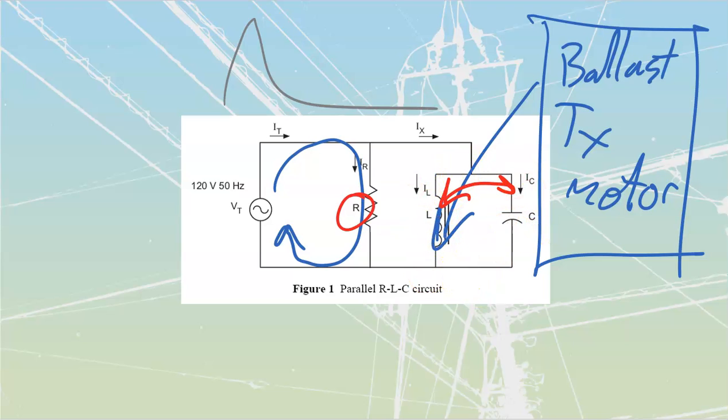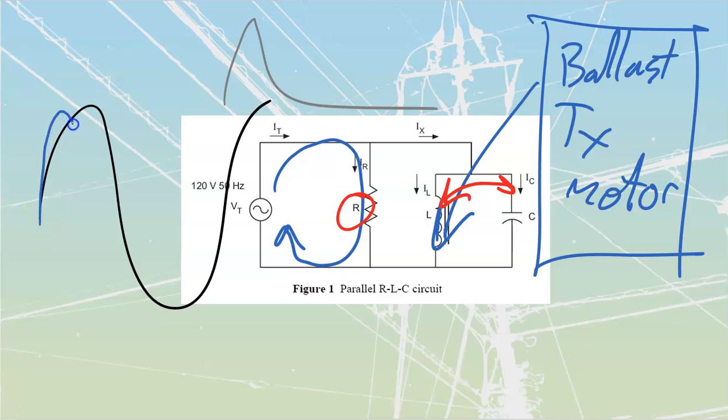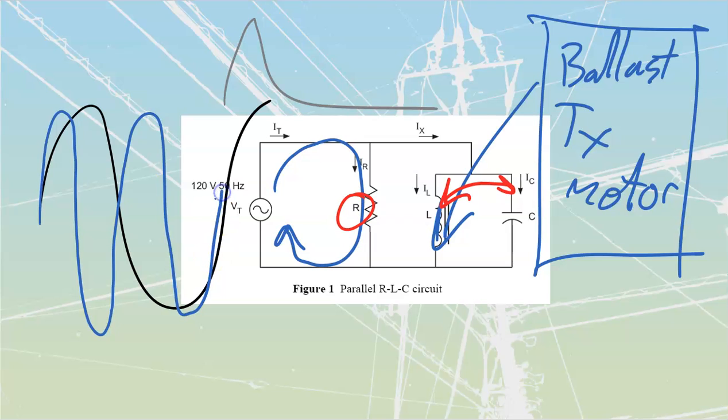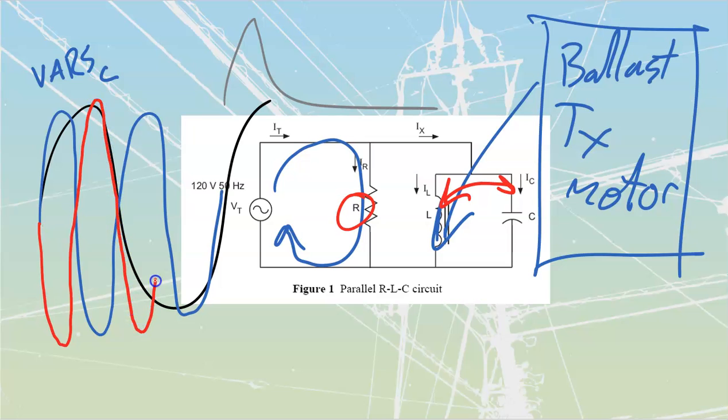I don't know if you remember those drawings that we had before, where we had our voltage waveforms and then we took a look at the power waveforms, and we saw that an inductive waveform looked like this. It was double the frequency. This was my inductive VARs L. And then we took a look at my capacitive VARs C, and my capacitive VARs looked like that.